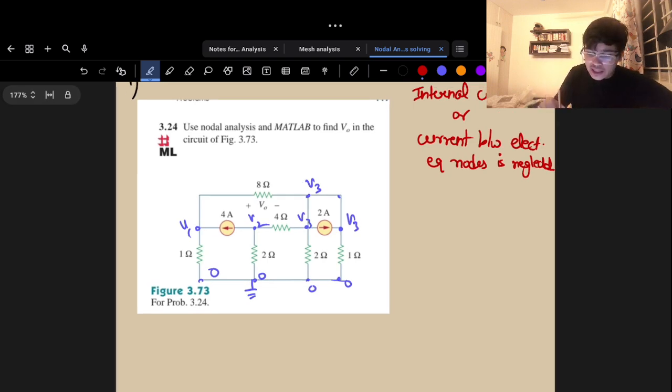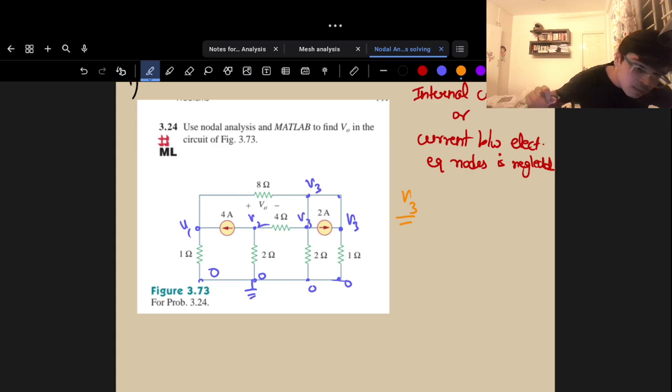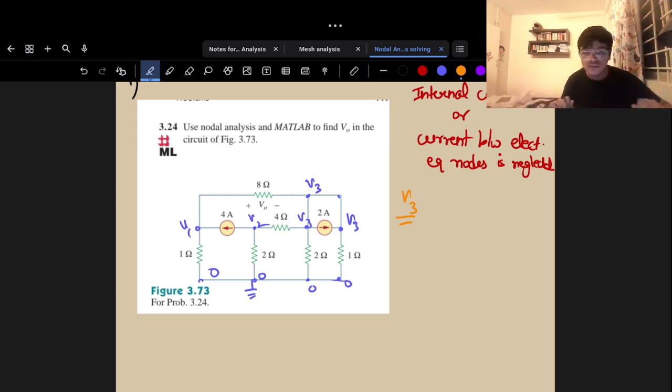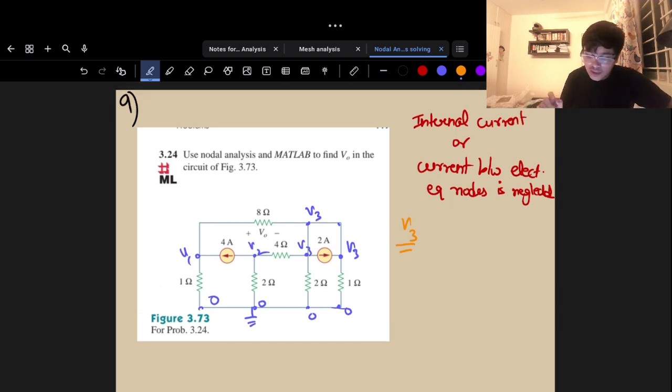Let me try to make you understand V3, since this question is good for understanding the concept of V3. Now let's write the KCL equation for V3.